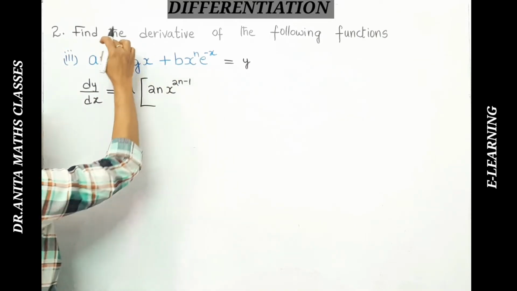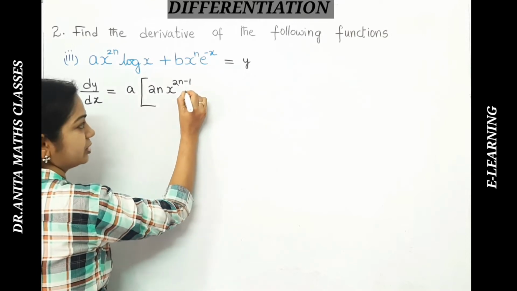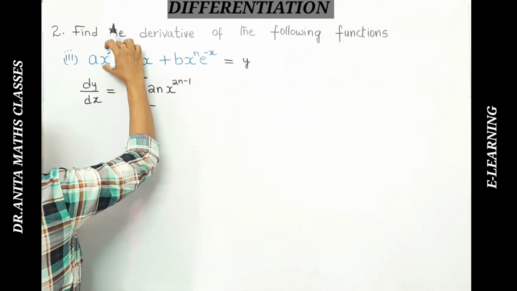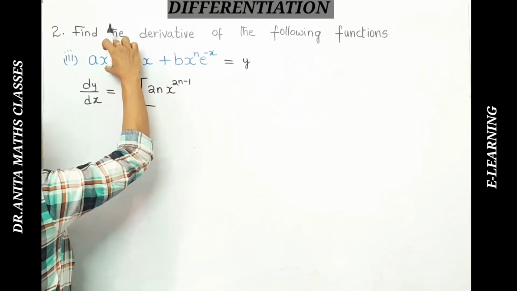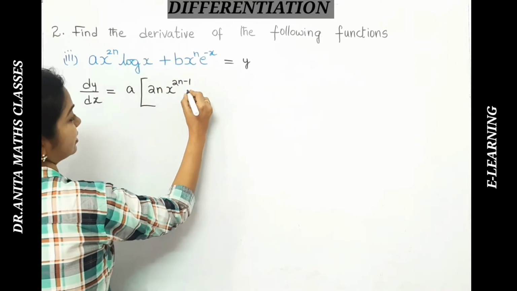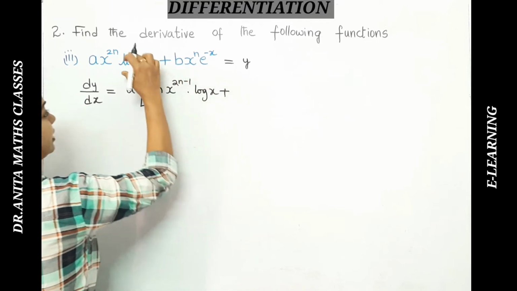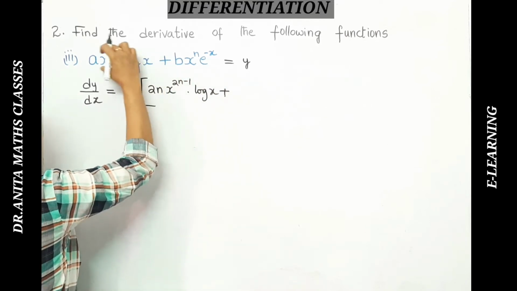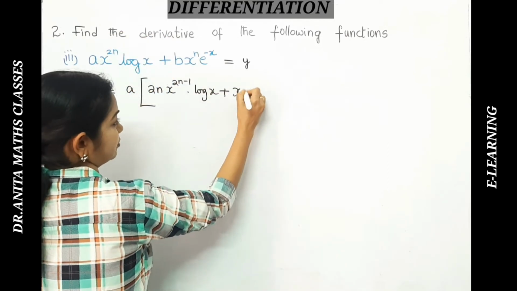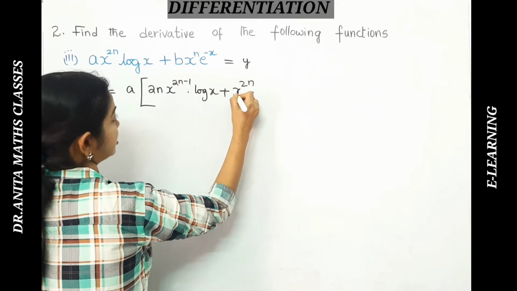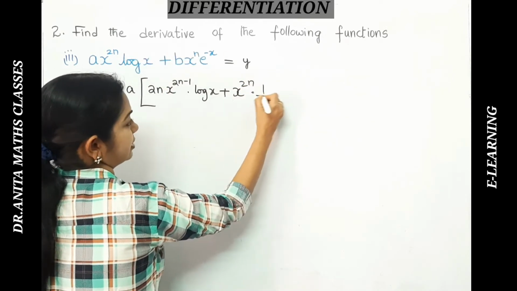So we have differentiated this u and we will write v as it is, log of x, plus again we will differentiate v, write u as it is, x to the power of 2n, differentiation of log of x is 1 by x.